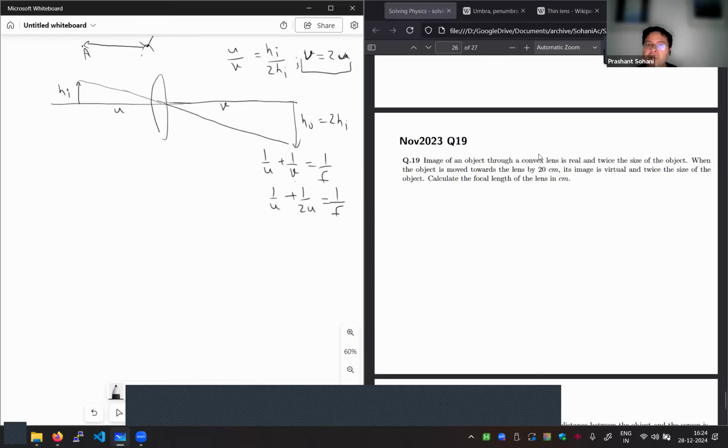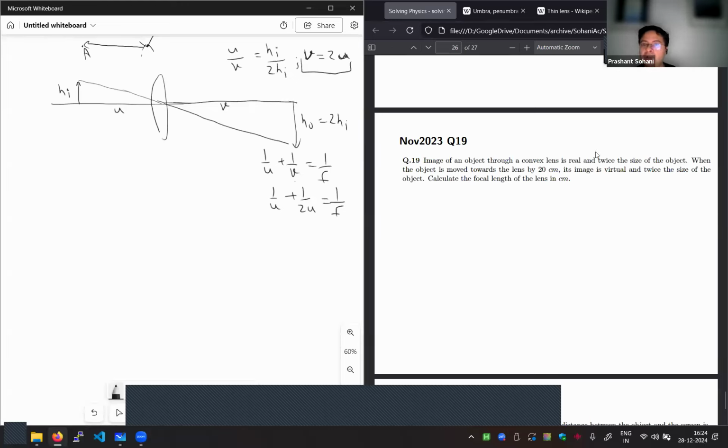Okay. And so this was one situation. And then what are they saying? When the object is moved towards the lens by 20 centimeter, its image is, oh, sorry, I did not read the question properly. Oh, no, yes, correct. If the object is moved towards the lens by 20 centimeter, its image is virtual and twice the size of the object.